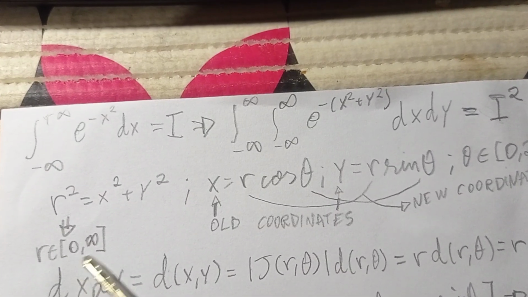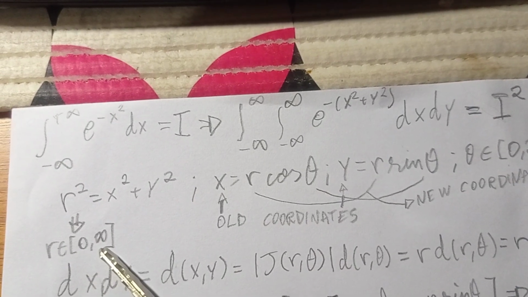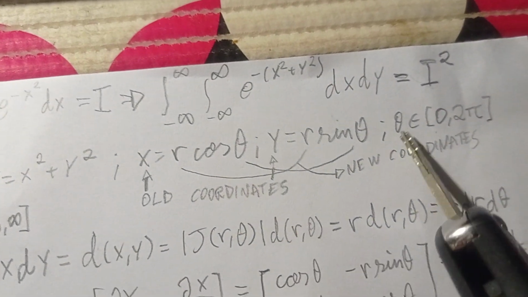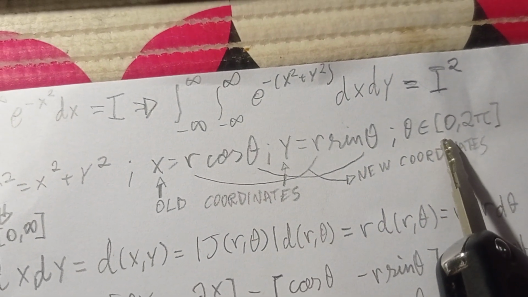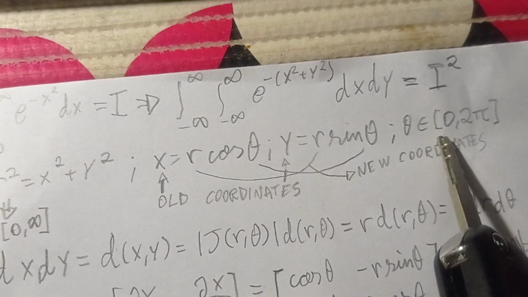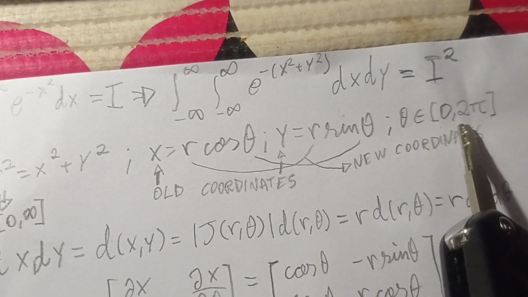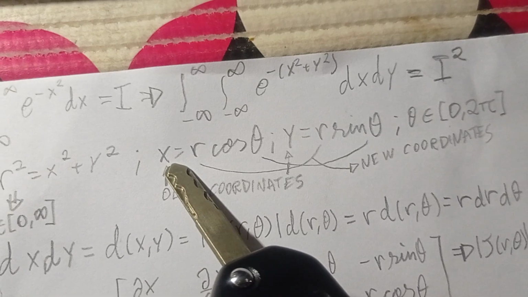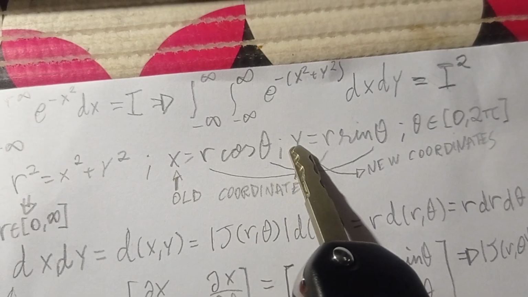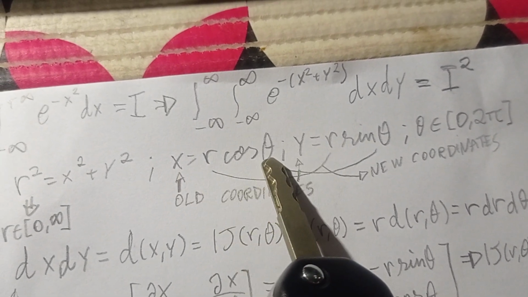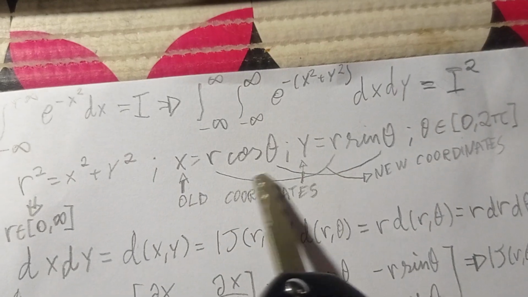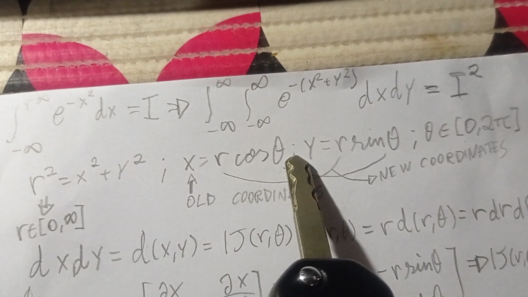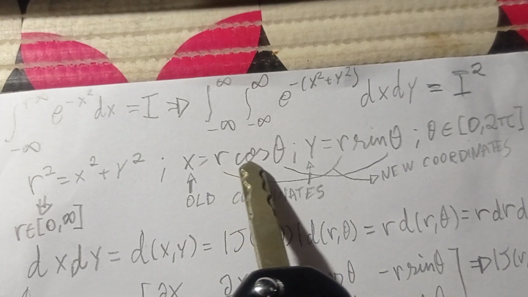R is in the interval from 0 to infinity, and we are gonna use an angular coordinate theta that goes from 0 to 2 pi, so that we can take the x and y coordinates to the r and theta coordinates, and this is the usual polar transformation. So the old coordinates are x and y, and the new coordinates are r and theta.